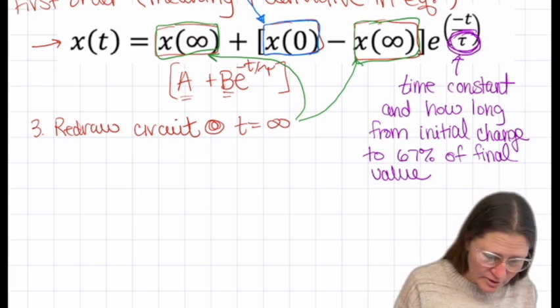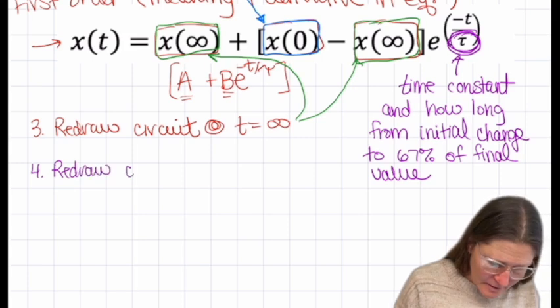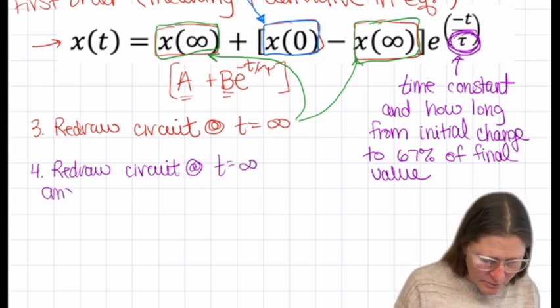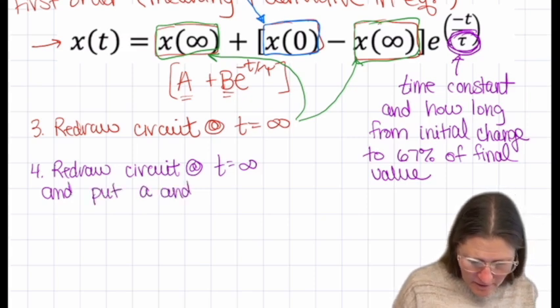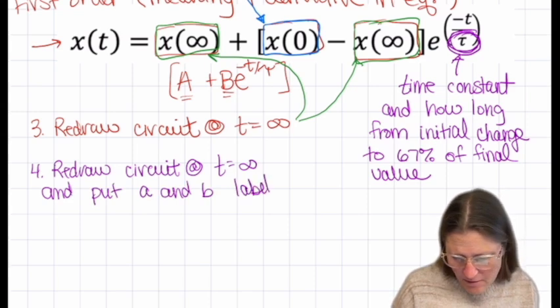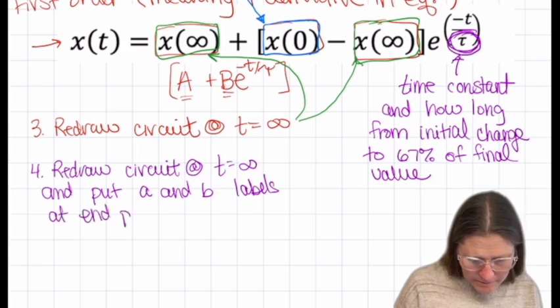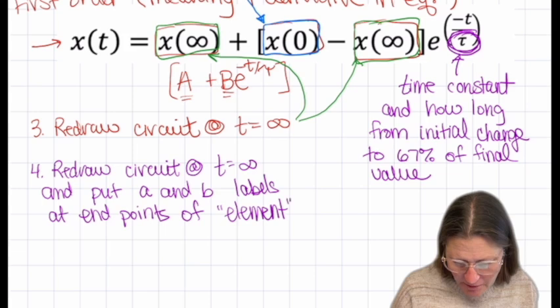And how you're going to do that is redraw the circuit again at t equals infinity and put A to B. In this case, the element I'm talking about is the capacitor.